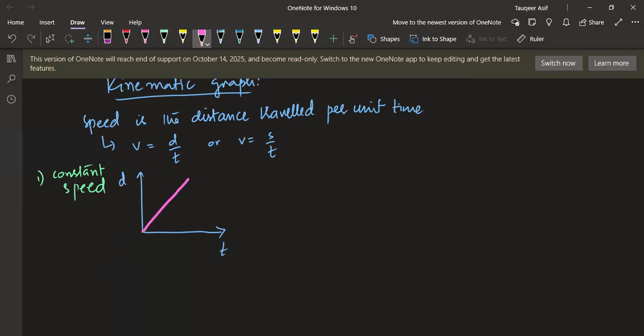From a distance time graph, we should know that the speed is actually the gradient. The gradient of a distance time graph is the speed. At any point on this straight line, if you calculate the gradient, it will be constant. So the gradient of a distance time graph will be constant if the object is moving with a constant speed.